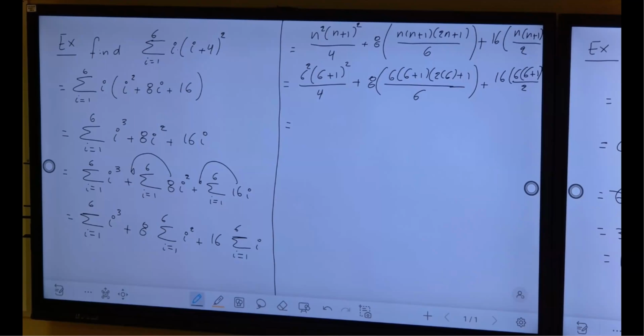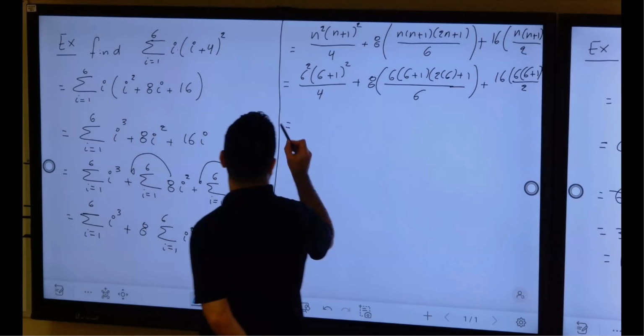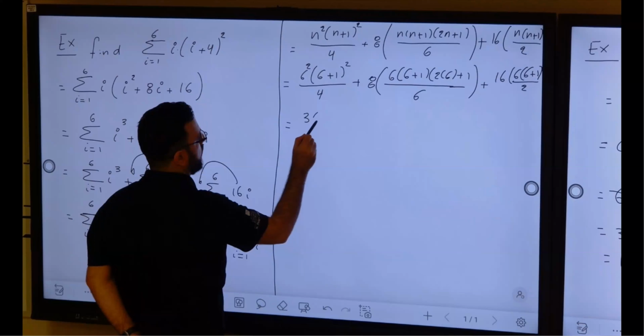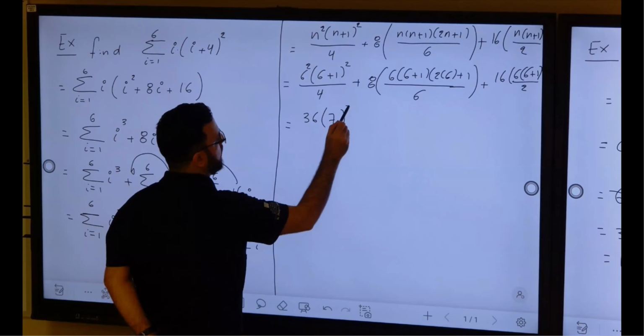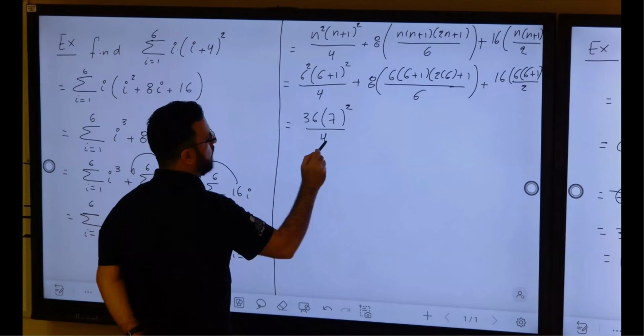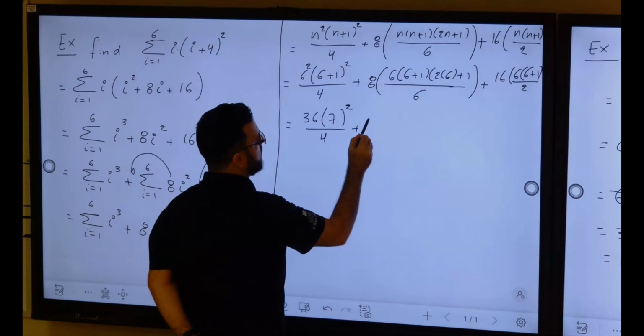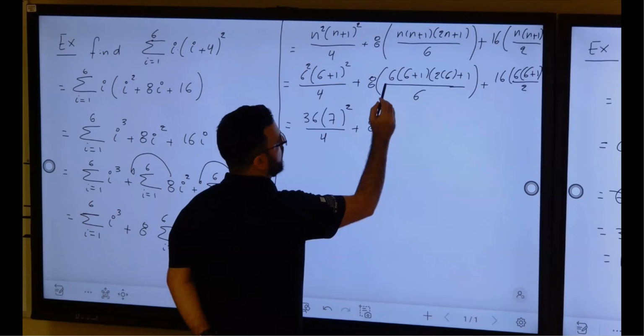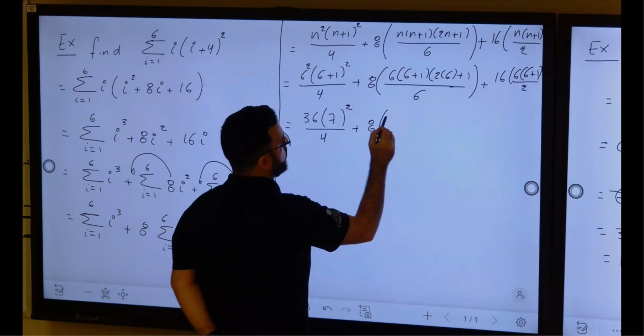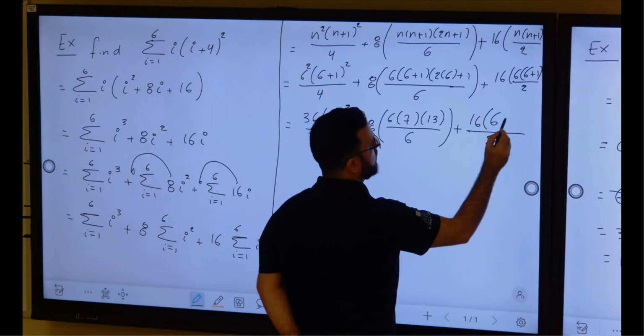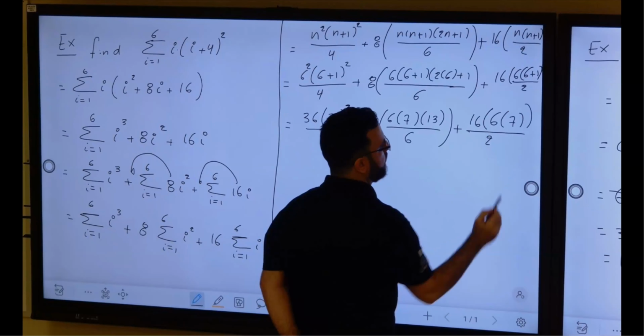So this one is going to be, just simplify, 36. And this is 7 squared divided by 4, plus here is 8 times 6 times 7 times 13 divided by 6, plus here is 16 times 6 times 7.